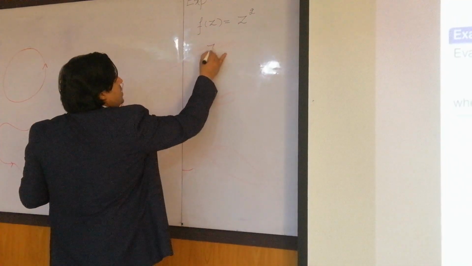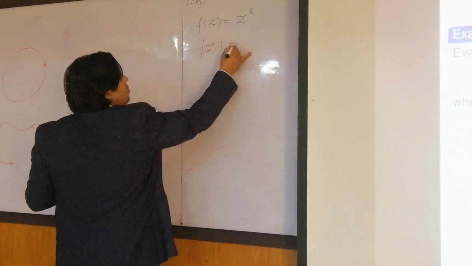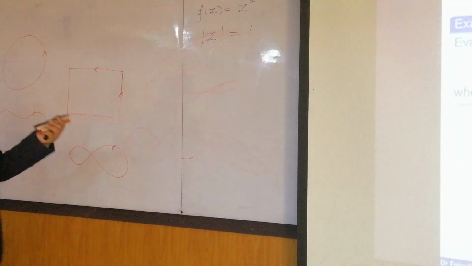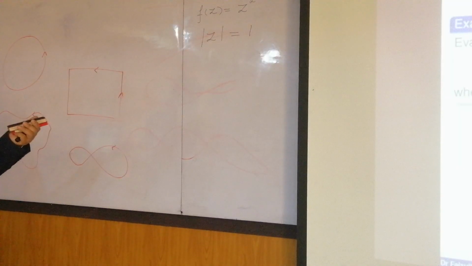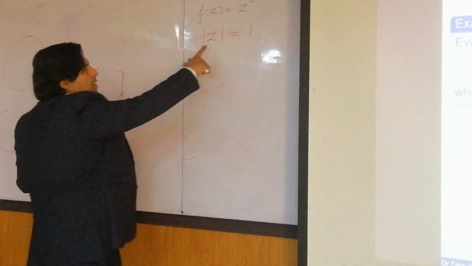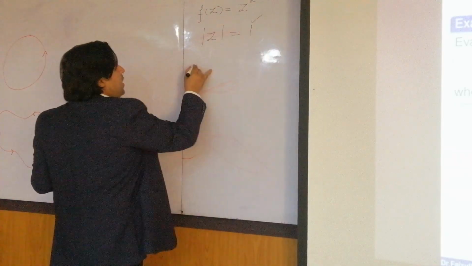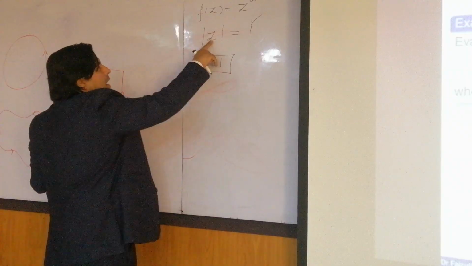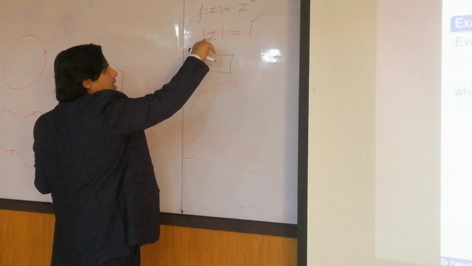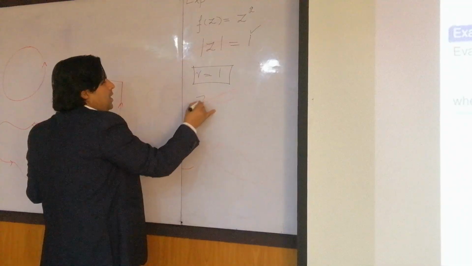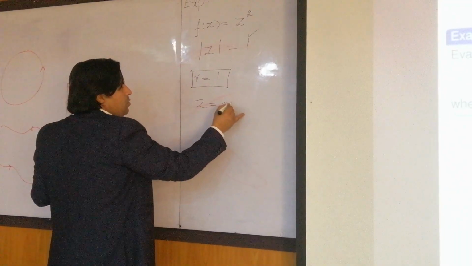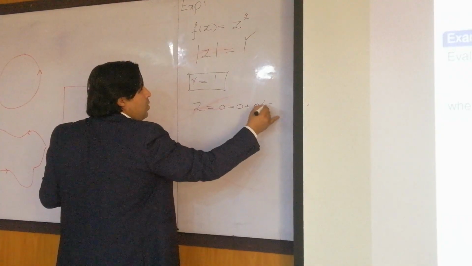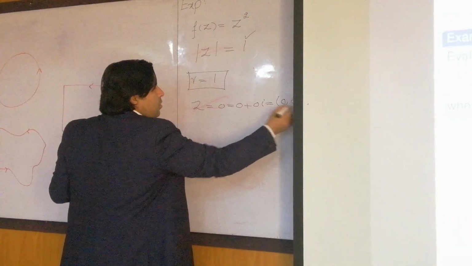So it is given that the absolute value of z is equal to 1. So first of all, we have to find the radius and the center of the curve. So from this we can write the radius. The radius in this case is equal to 1. And to find the center, we have to put this z equal to 0, and we have to solve this. So this is equal to 0 plus 0 iota, which is equal to 0 comma 0.